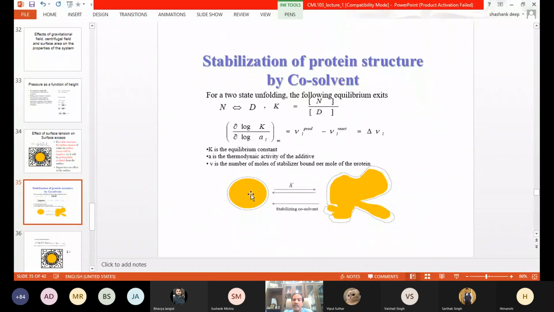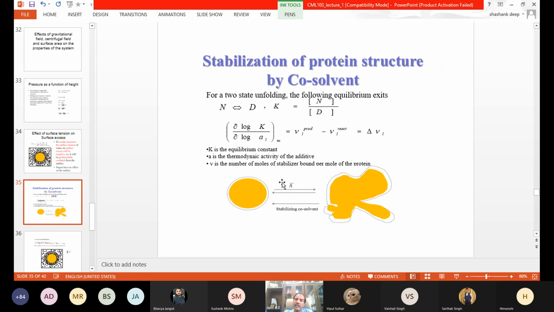But these are non-specific interactions. In that case, since the product's surface area is more, the binding will be stronger in the case of the product, and so the reaction will shift towards the product. What that means is the protein is getting unfolded, or destabilized.